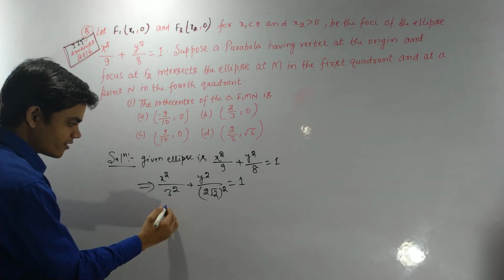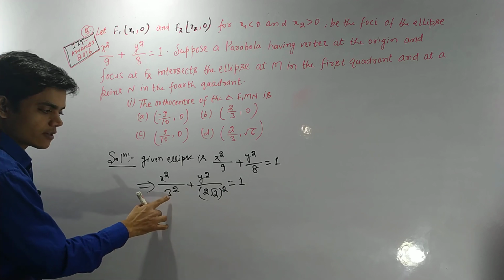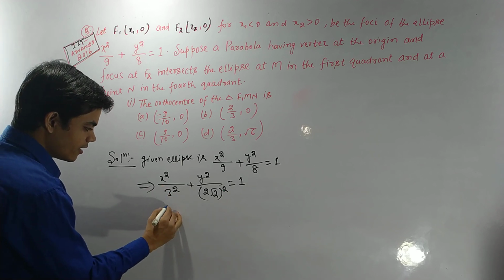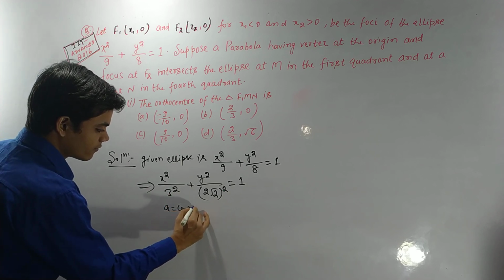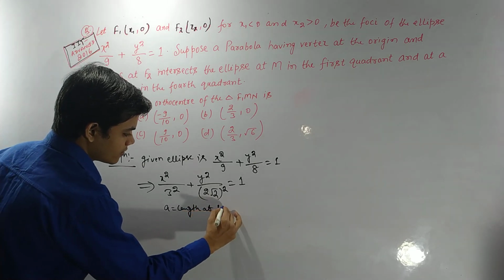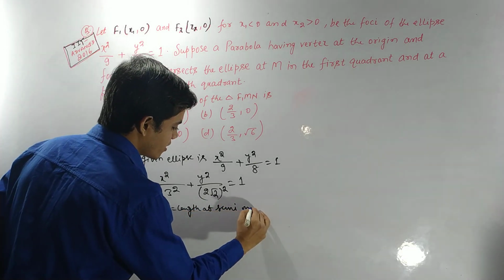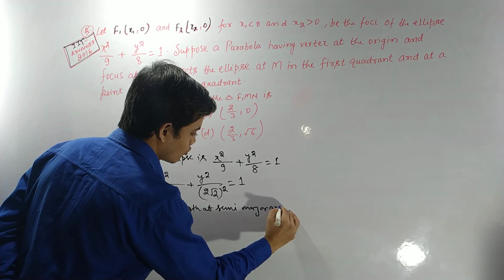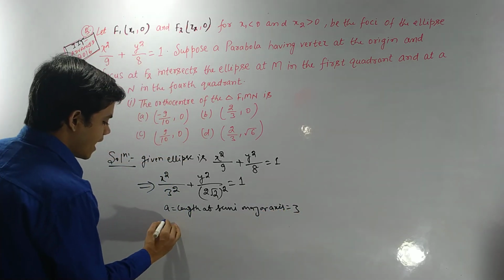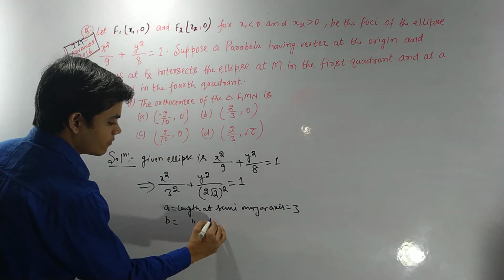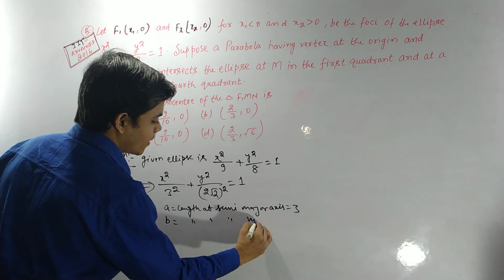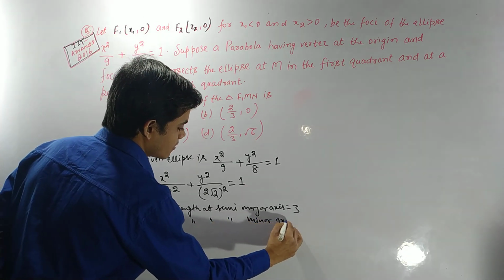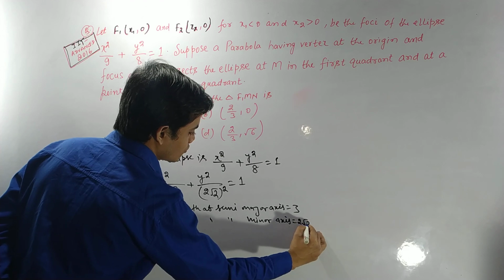So what can you say about this? This implies a, the length of the semi major axis, is 3, and b, the length of the semi minor axis, is 2 root 2.